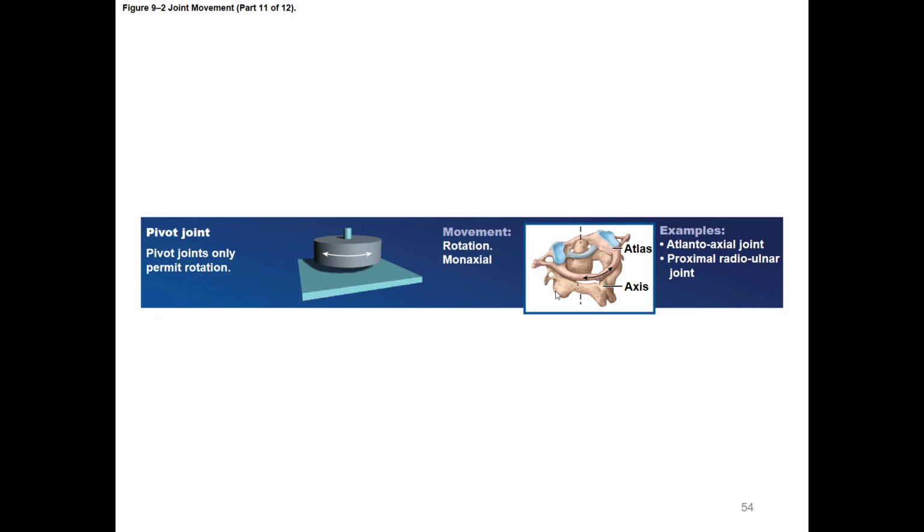Pivot joints only allow rotation. Great example of this are the first two vertebrae in your vertebral column, C1 and C2, also known as the atlas and axis. So their orientation allows you to look from left to right, simple rotation.